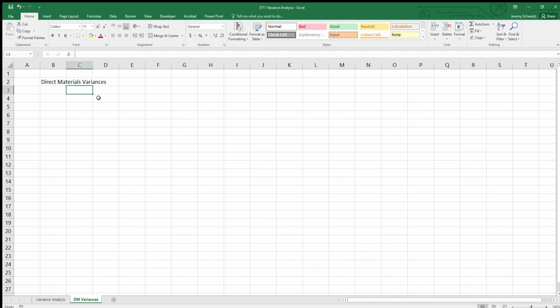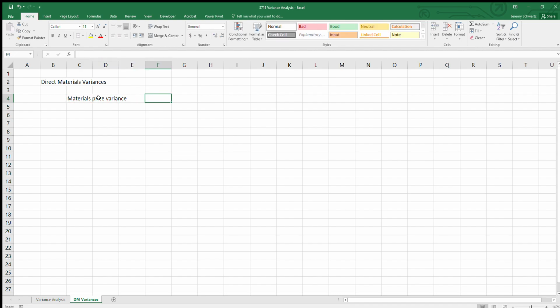So similar, but before we get into those differences, I want to get into our discussion about the different types of variances. Just as we had before, we have our materials price variance.